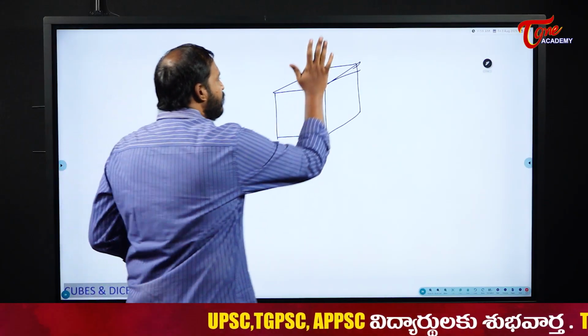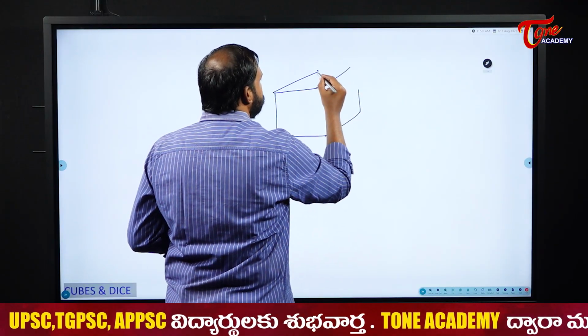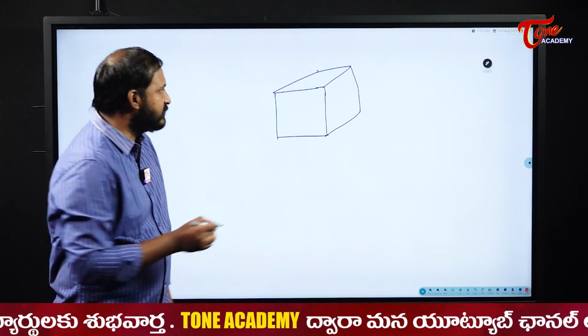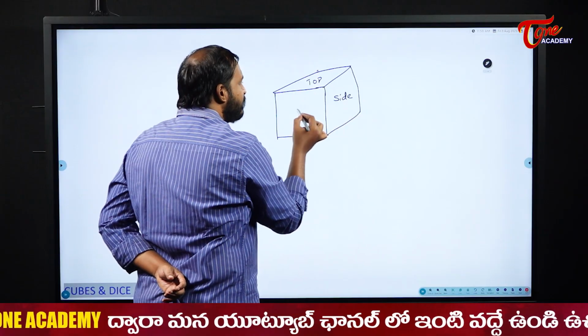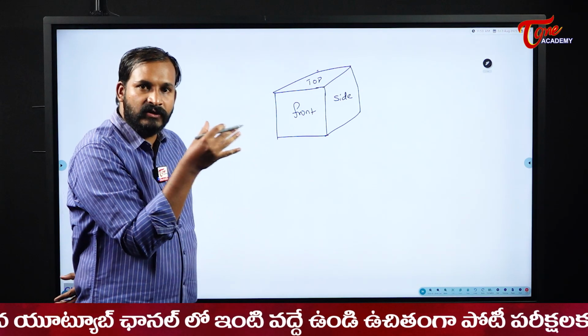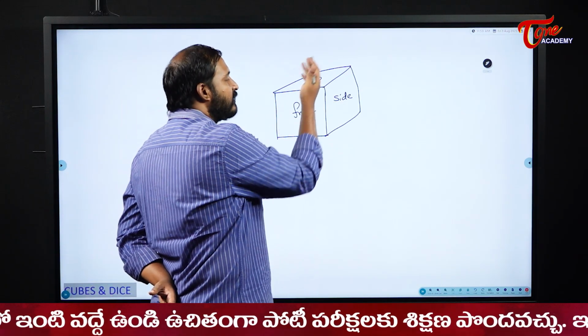Remember this one. See, this is the top, this is the side, and this is the front, assume. So in one view we can see only 3 faces of the dice: one is the side view, one is the front view, and the other one is the top view.